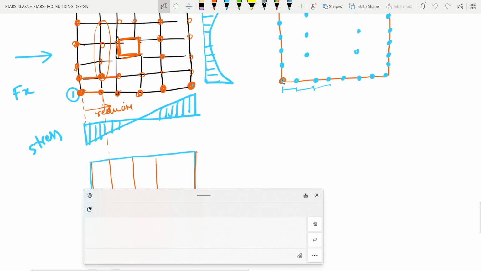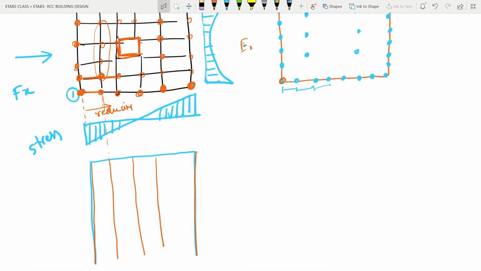Here, in case of Fx, the force along the x direction, suppose this column and this column will be resisting the force. This column and this column will be resisting the force. At the outer periphery we may have this kind of closely spaced columns.